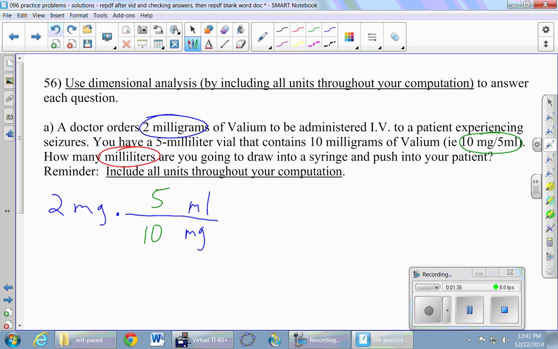So it's just the reciprocal of that fraction that's circled in green. But writing it in this order allows us to cancel milligrams with milligrams, which leaves us with milliliters, which is just spiffy because the goal was milliliters. So we do our multiplication. 2 times 5 on the top is 10, divided by 10 on the bottom. And that leaves us with 1 milliliter.